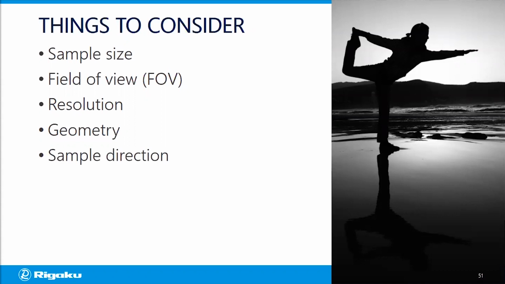And the sample direction is important too. Depending on the sample shape or aspect ratio, this is an important parameter to think about. And of course, the X-ray energy. Some of those parameters are related to each other, and they are in kind of a trade-off relationship. For example, those three are related to each other and they kind of restrict each other.